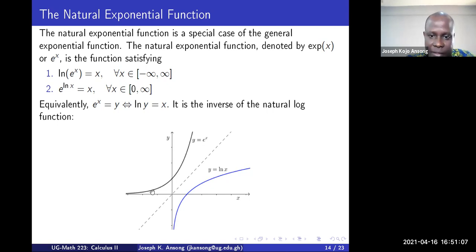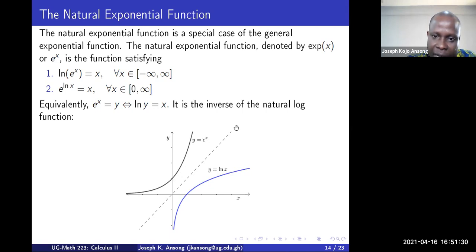You can see that in the graph here. When we were doing logarithms, we saw ln x is this, and this point here is 1. So this is the graph of ln x. And we've also seen the graph of exponential functions, which cut 1 here and then increase exponentially.